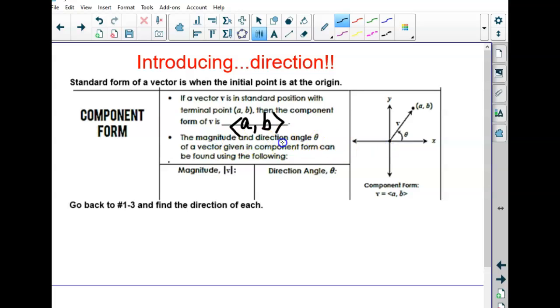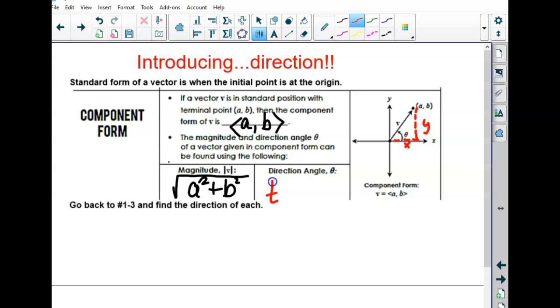The magnitude and direction of a vector given in component form can be found using the following. Does anybody remember what we're going to write here for magnitude? It's just that square root of a squared plus b squared, yep. And then to find this angle, I would like it if this made sense to you, but if we knew x and y and we're trying to find that angle, we knew opposite and adjacent, right?